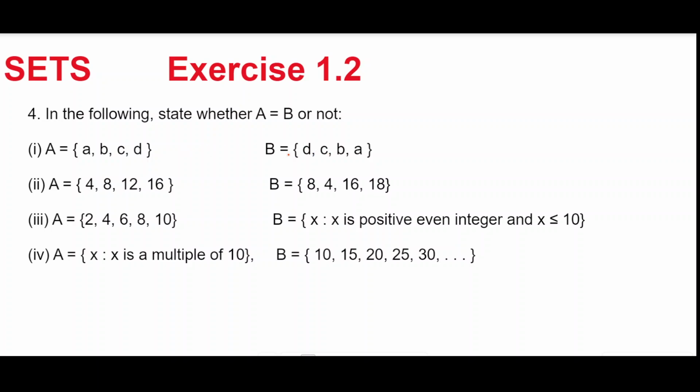The number of elements is the same, and the elements a, b, c, d are available in both, so A equals B. In the second part, A is 4, 8, 12, 16.